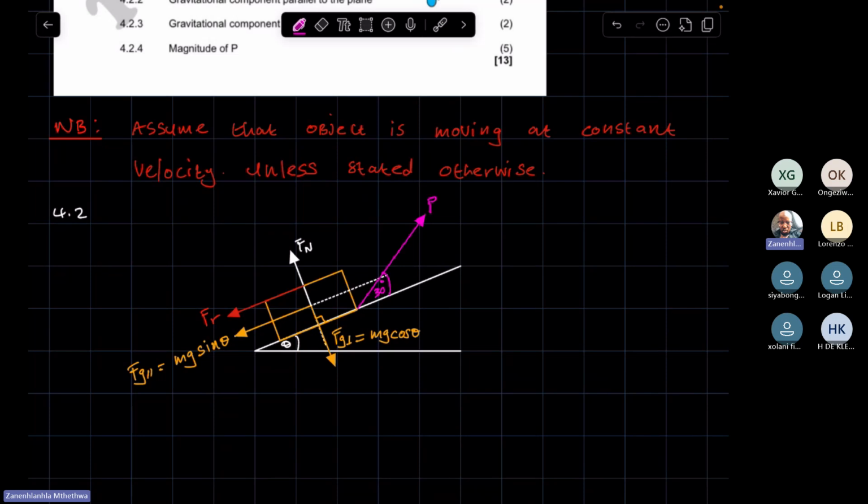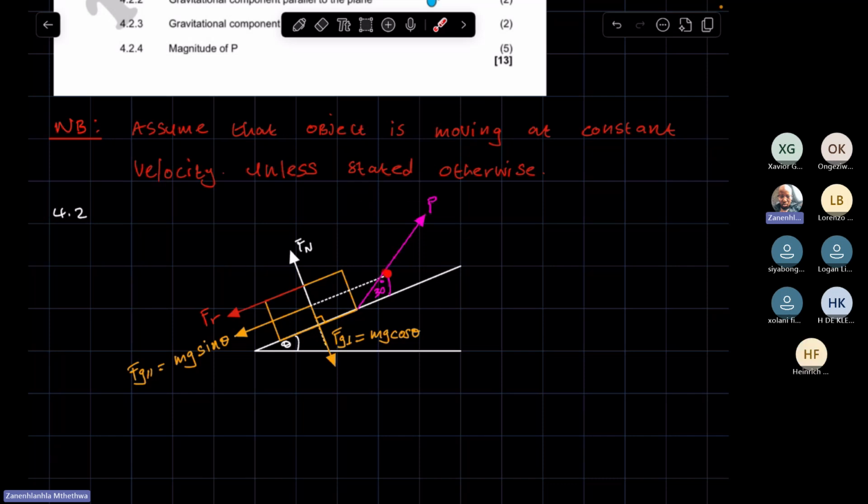Now the force P, which is the applied force, is an oblique force. You guys remember what we do with oblique forces? We have to resolve them into their components. The angle that we have is a reference from the x-axis, meaning that the horizontal component will be in terms of cos, and the vertical component will be in terms of sine.